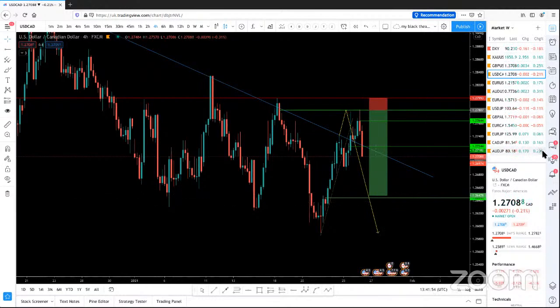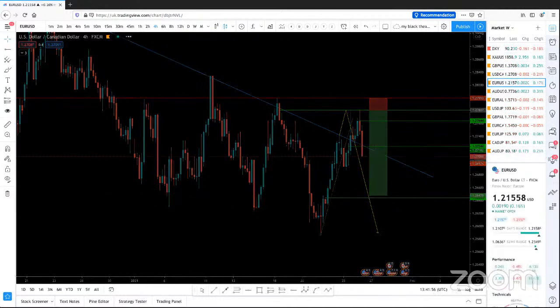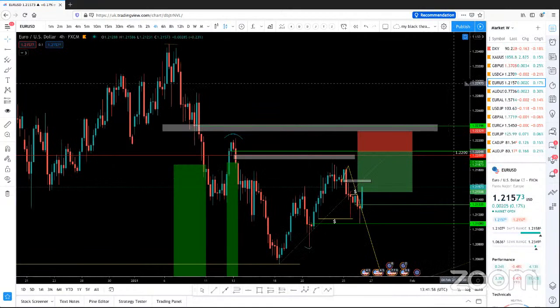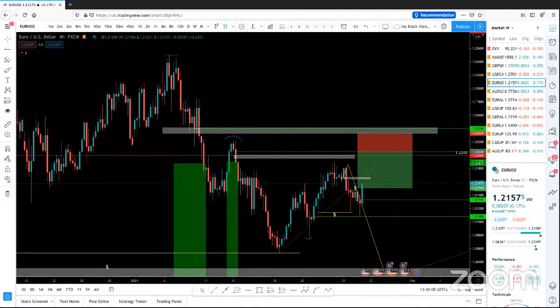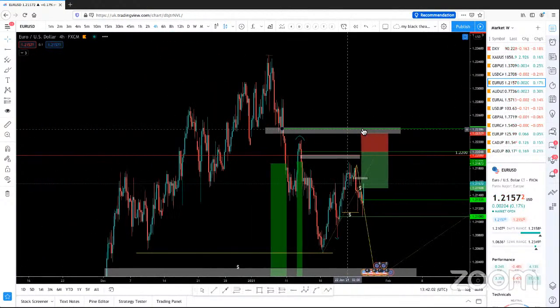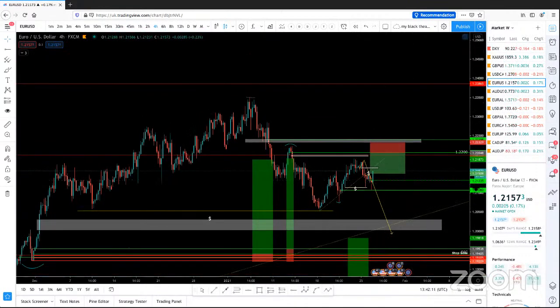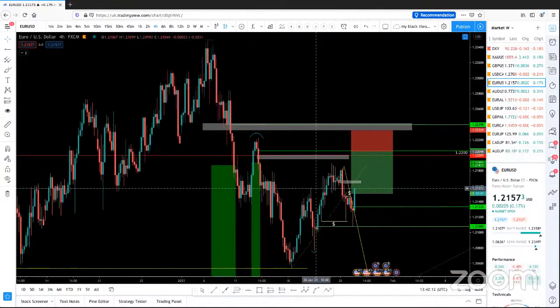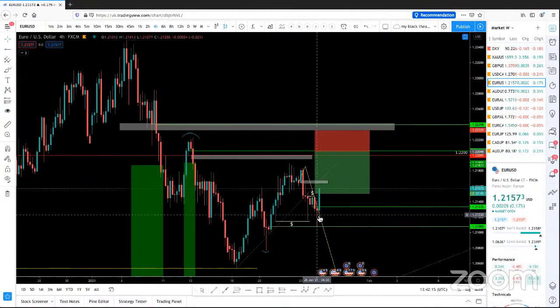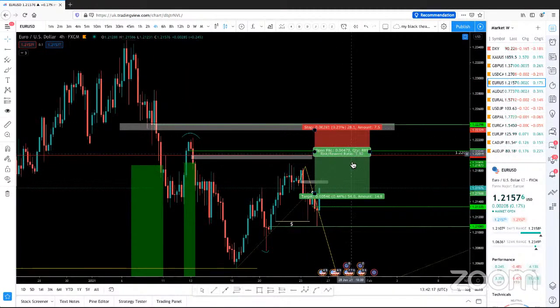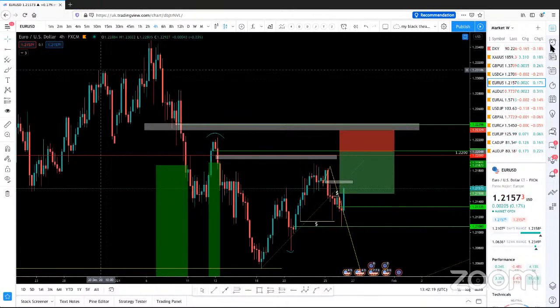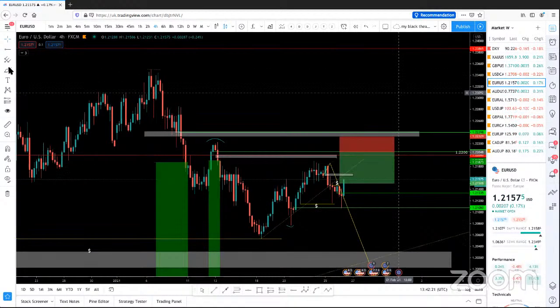Let's move on to Euro USD. Euro USD, guys, is still bullish on the high time frame, but at the moment we are in a bearish move on the short term. So what is next? I am anticipating Euro USD to run higher.